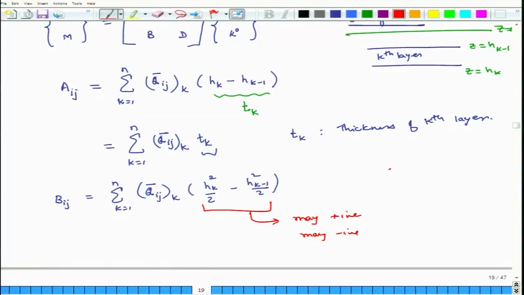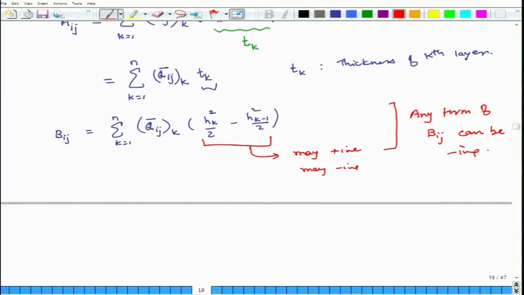So, what that means is that any term of Bij can be negative, because consider B11, it will depend on Q11, Q11 is always positive, but if the terms in the parenthesis are negative, then it can be negative.